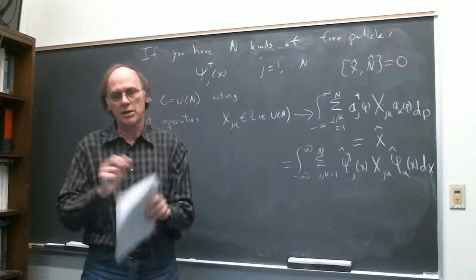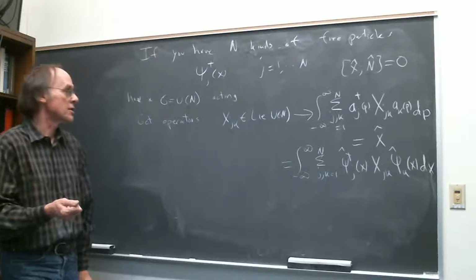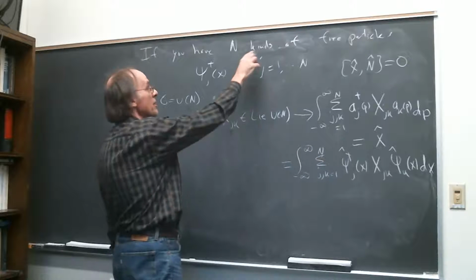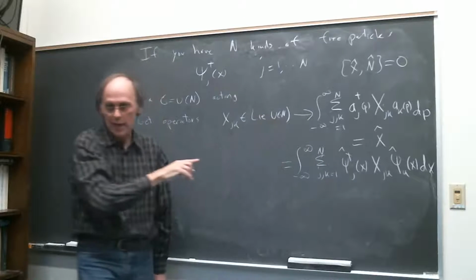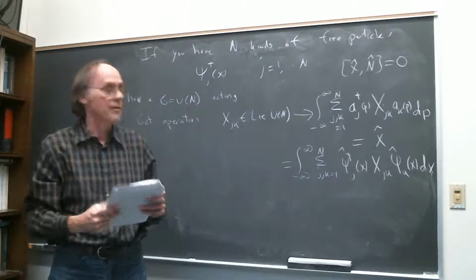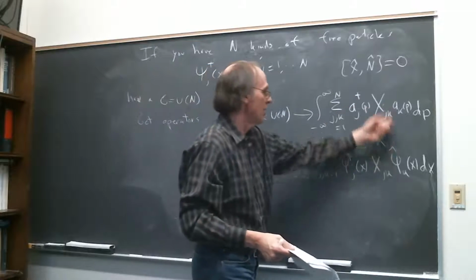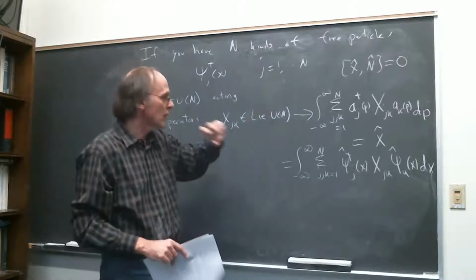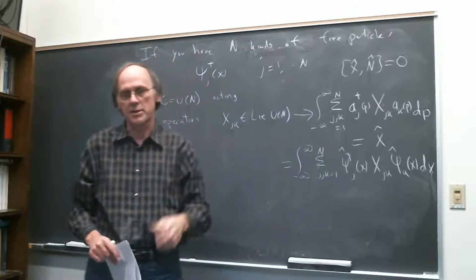Whatever interaction term you introduce, it's going to preserve some. U of n is the biggest possibility, but it may have some smaller subgroup which is preserved, and then you can use the operators from that smaller subgroup to characterize the states of your system.